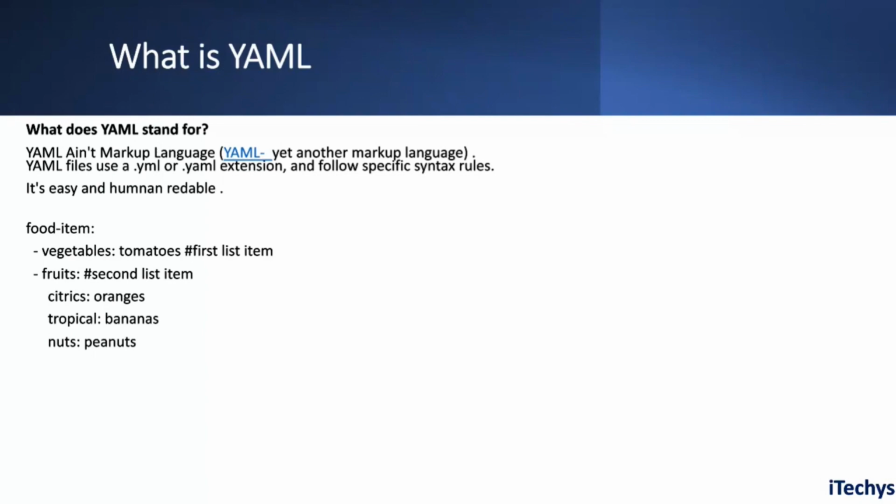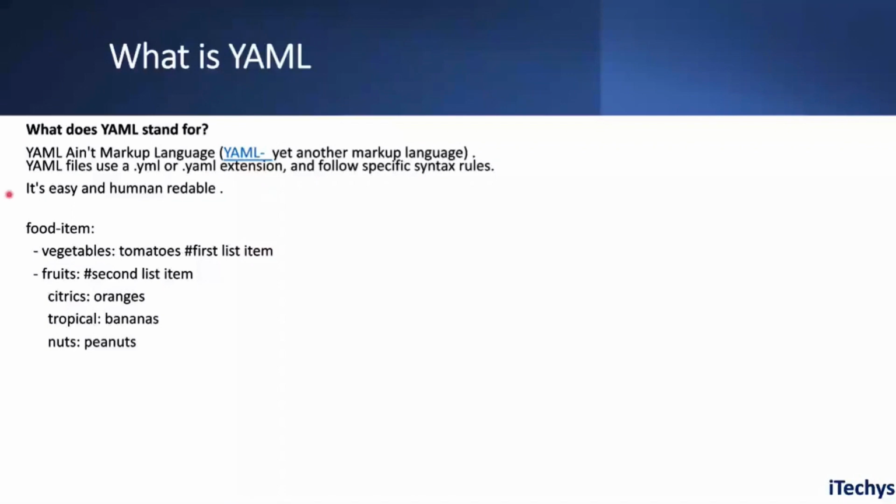Yes, like HTML, CSS, those are basically markup languages. Here YAML stands for "another markup language". A YAML file has an extension, you can save it as .yml or .yaml, like HTML which is saved as .htm or .html.